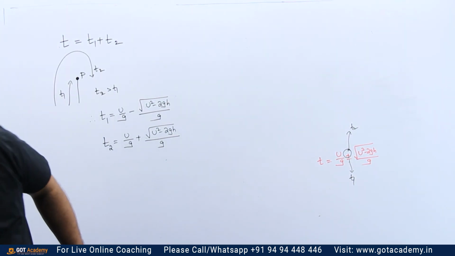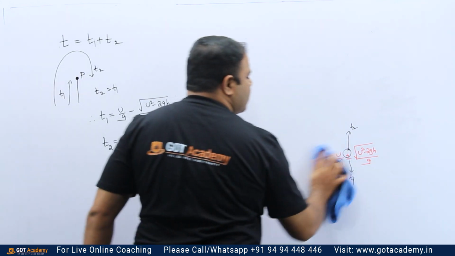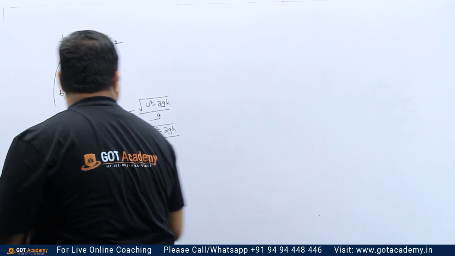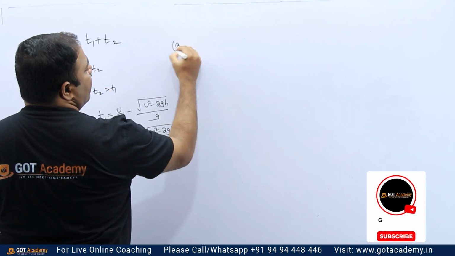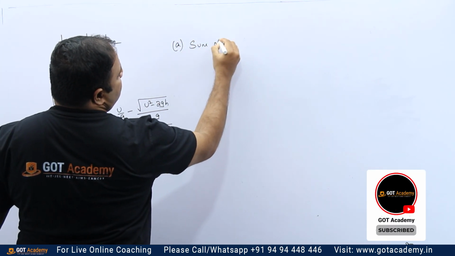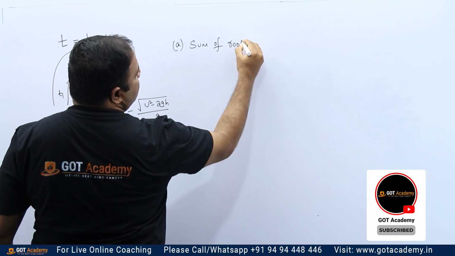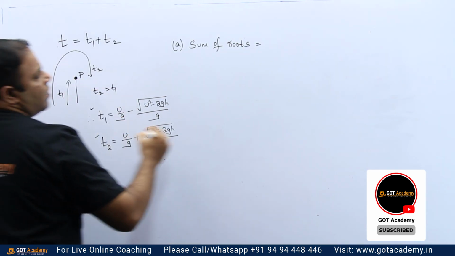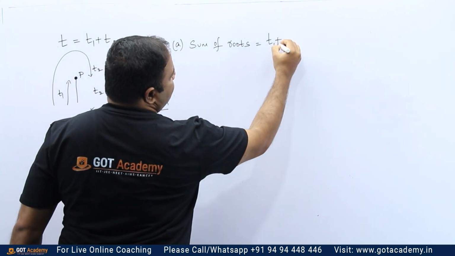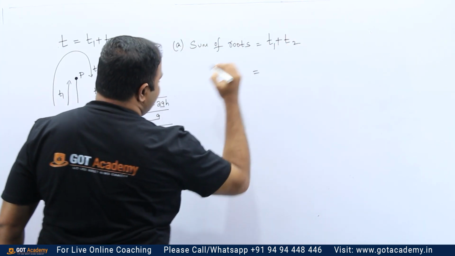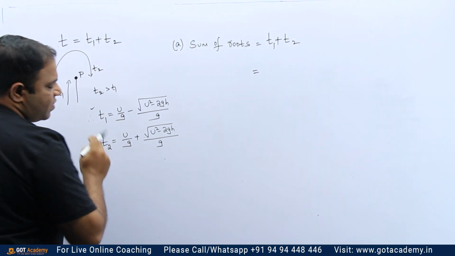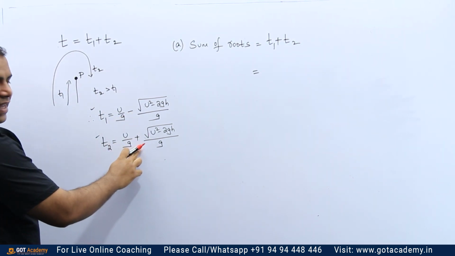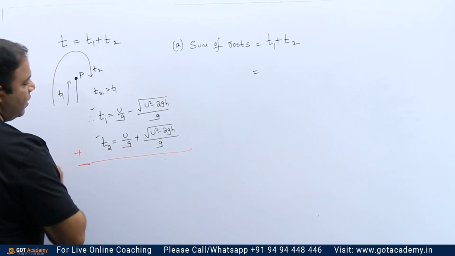So first thing is that we have to find the sum of the roots. So the roots here we got are t1 and t2. So it is t1 plus t2. So we have to add these two. If I add these two, directly I am telling you, my dear children, here this is minus and this is plus. If I add these two, what happens?